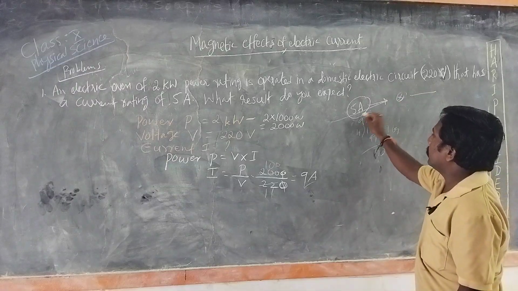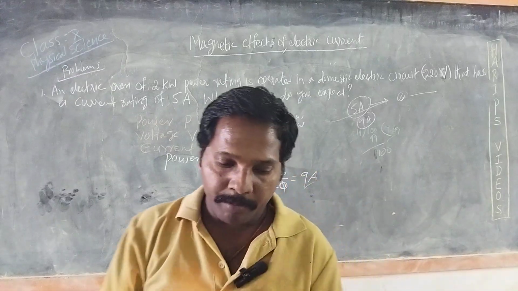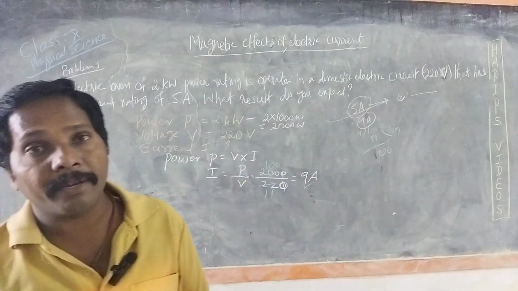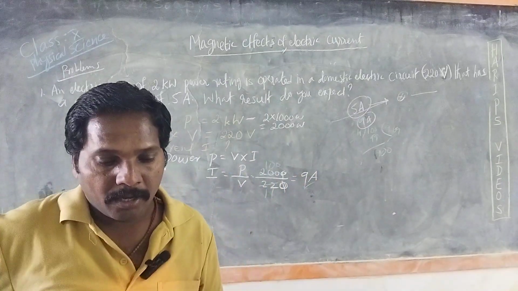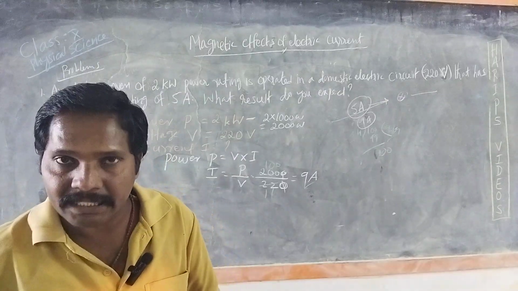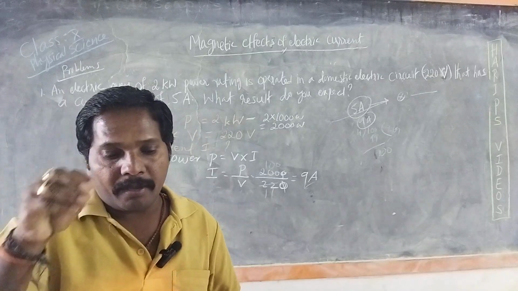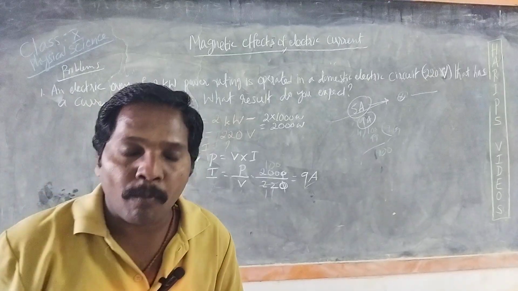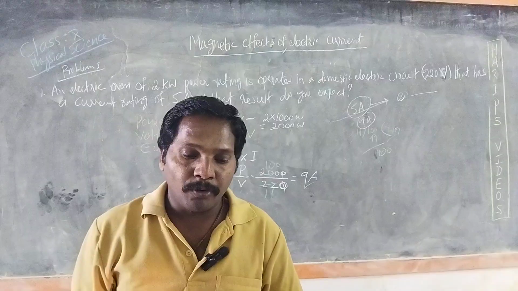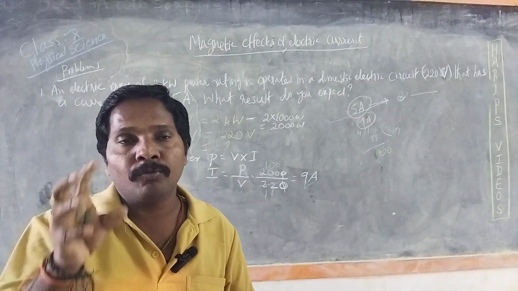But here, 9 amperes of current is flowing, which is very high, while the fuse in the circuit has only 5 amperes capacity.